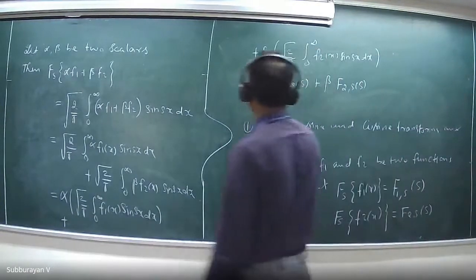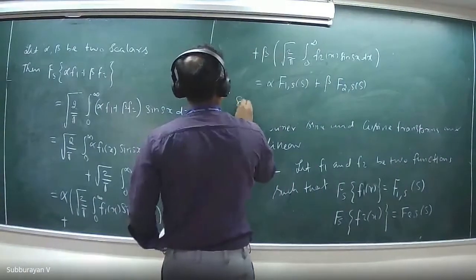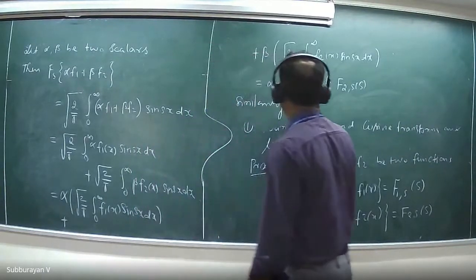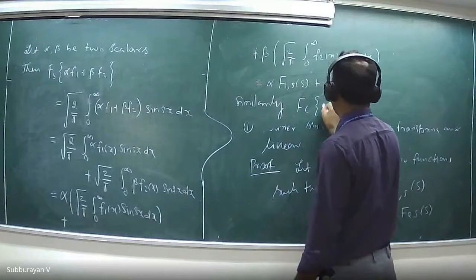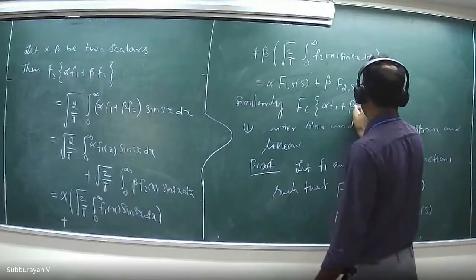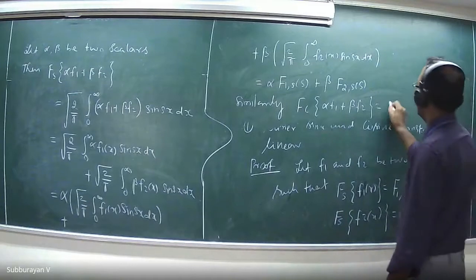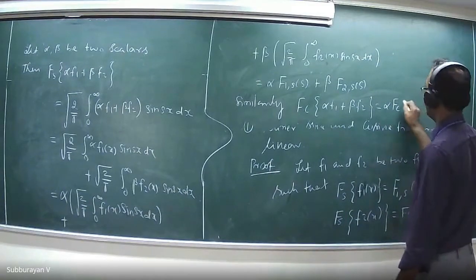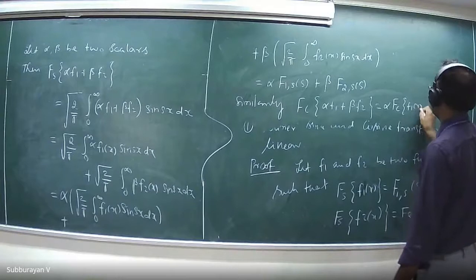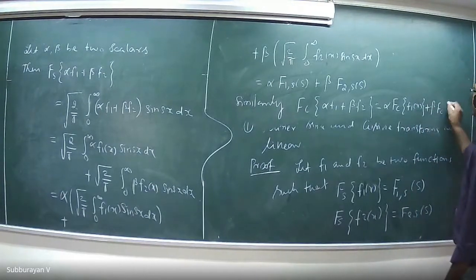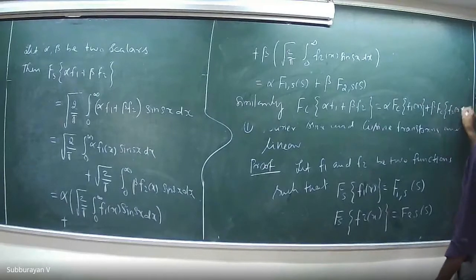Similarly, the Fourier cosine transform of alpha f1 plus beta f2 is equal to alpha into the Fourier cosine transform of f1 of x plus beta into the Fourier cosine transform of f2 of x.